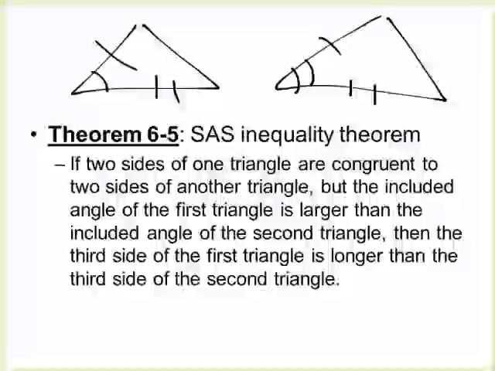That the other side would have to be bigger, right? Because it's hinged open further, so it would take a further distance to connect those together. So we could say then that those two opposite sides, instead of being congruent to each other, one of them is bigger than the other one. So I'll mark with 4 and with 3. Okay. So a bigger angle will make a bigger side.